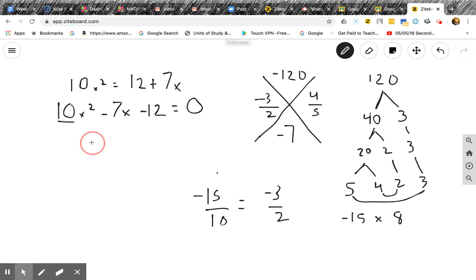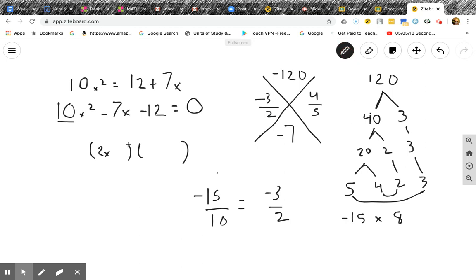Okay, then you're supposed to take these fractions in the middle, and the 2 is going to be our leading coefficient, so that's 2x. It's not minus 2, it's just 2.